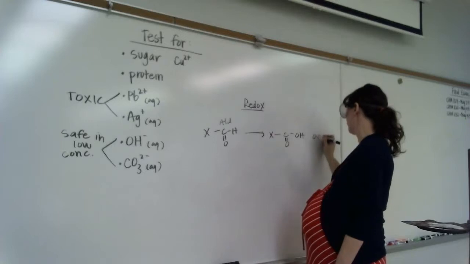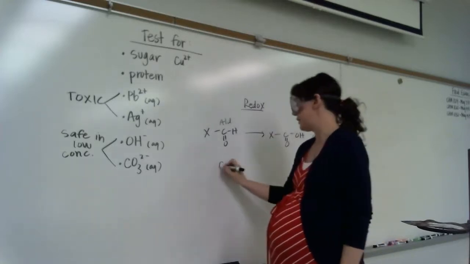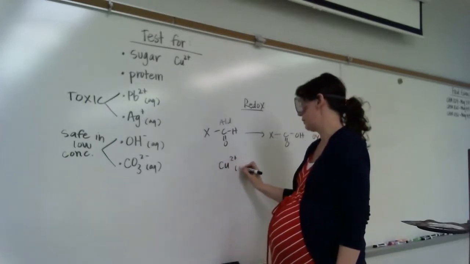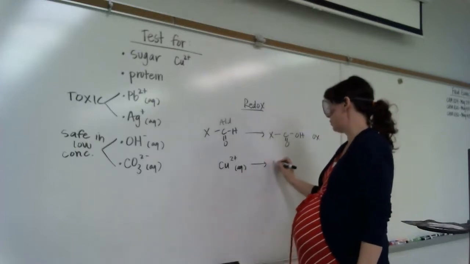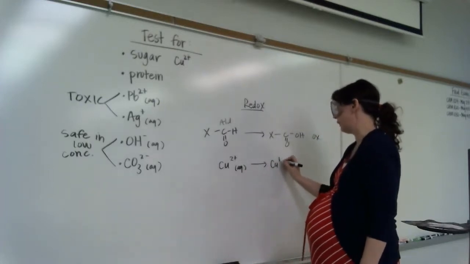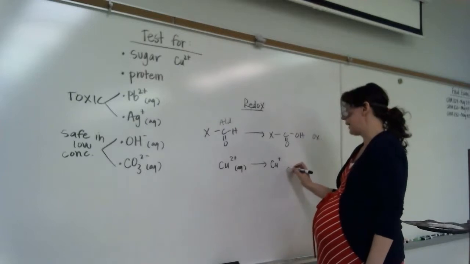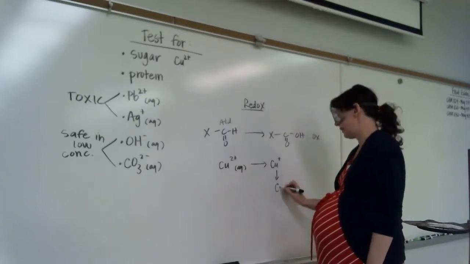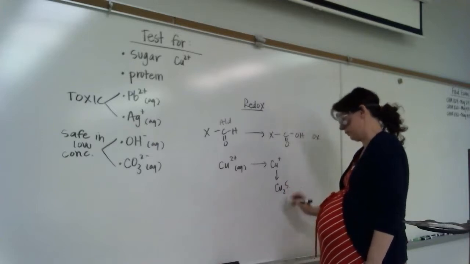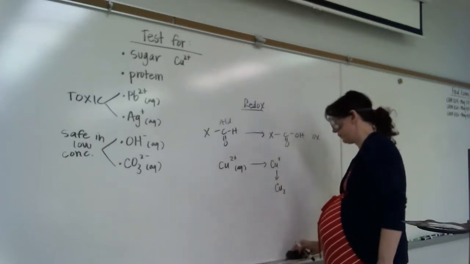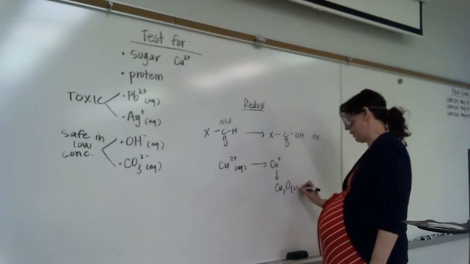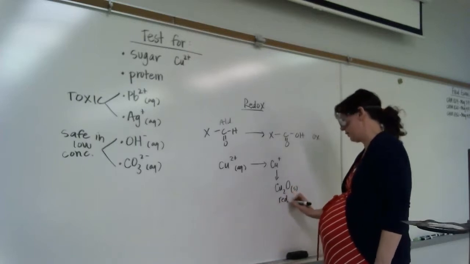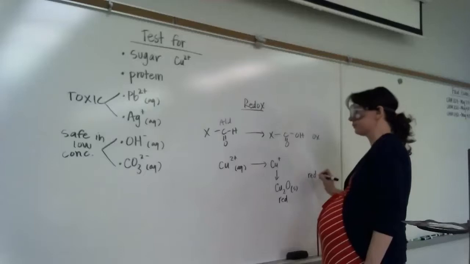This is your oxidation. And the Cu2+ is reduced to Cu+, and it actually precipitates out as Cu2O, excuse me. But it's a solid, which is red. So this is the reduction.